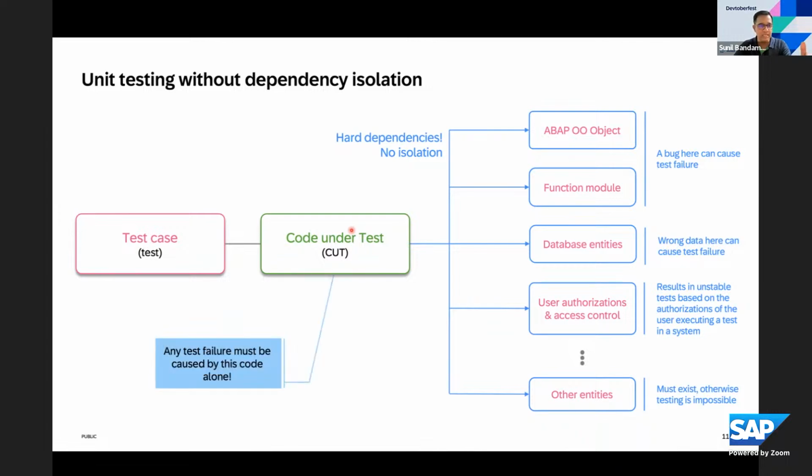Now that we understand the challenge, how can we ensure that any test failure will be caused by this particular piece of code in green, the code under test, alone? So we need to find a way to isolate our code under test from these hard dependencies on the real artifacts that we have.